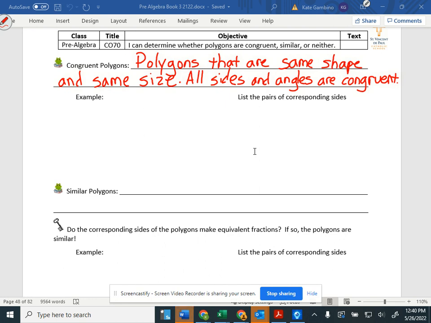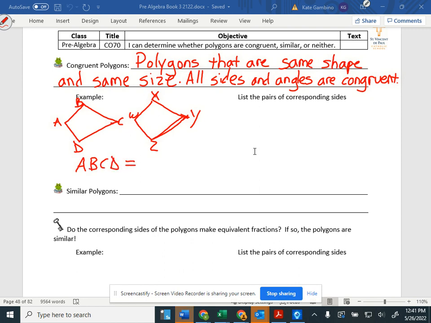So an example would be, well, I'm not doing very good drawing freehand like this, but let's say A, B, C, and D, W, X, Y, and Z. I would say ABCD is congruent to WXYZ.